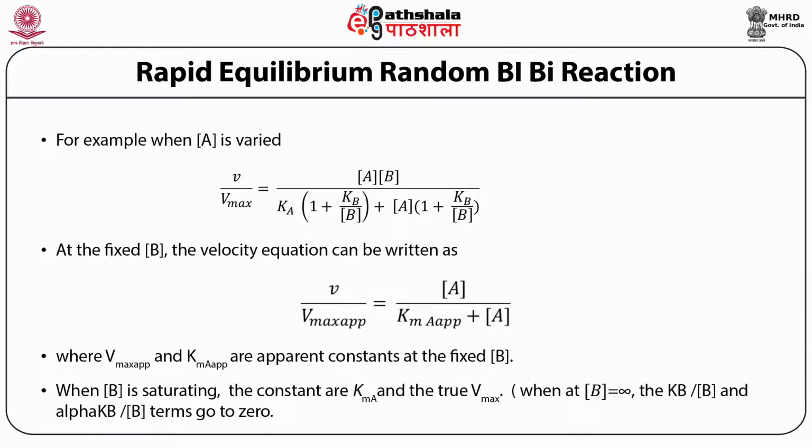When the concentration of B is infinite, the Kb divided by the concentration of B and the modified Kb divided by the concentration of B terms go to 0.